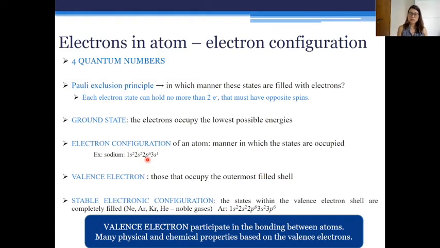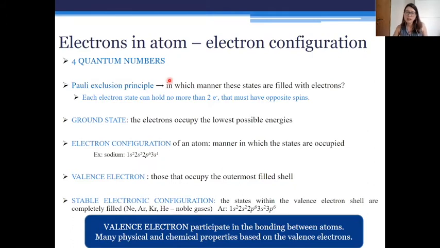Then we can define the valence electrons. What are the valence electrons? They are the electrons that occupy the outermost filled shell, and they will be very important in our class. We are going to see that.